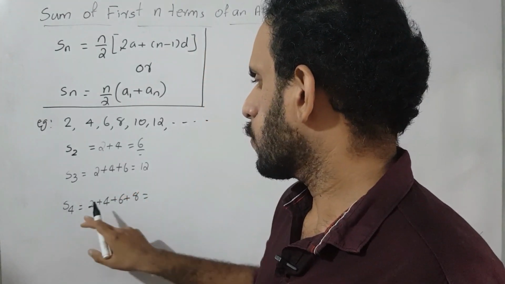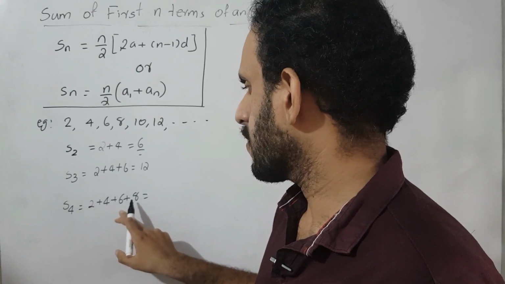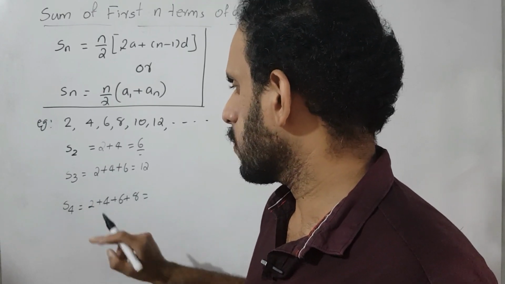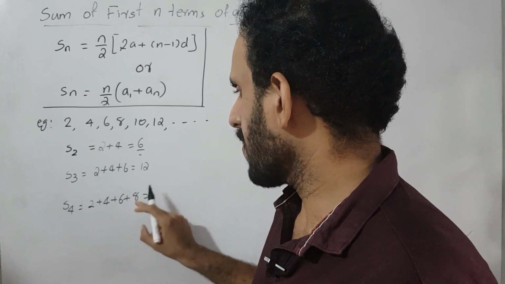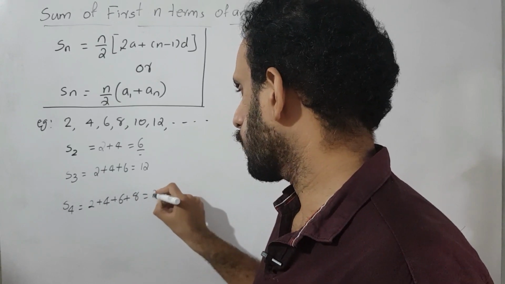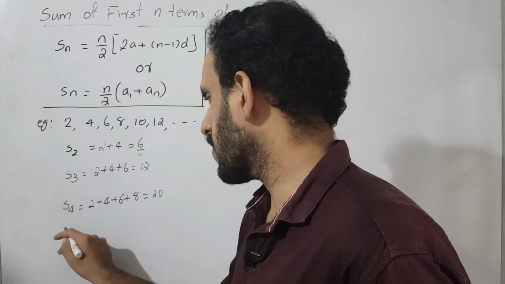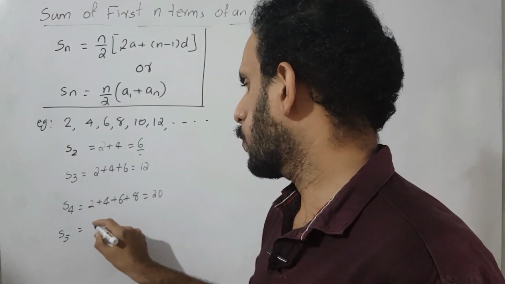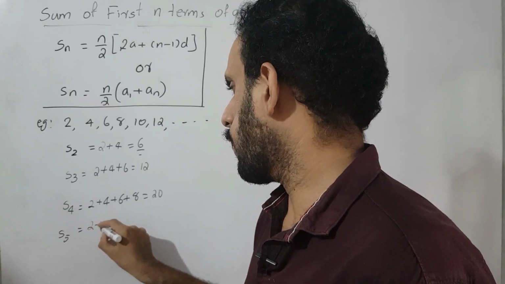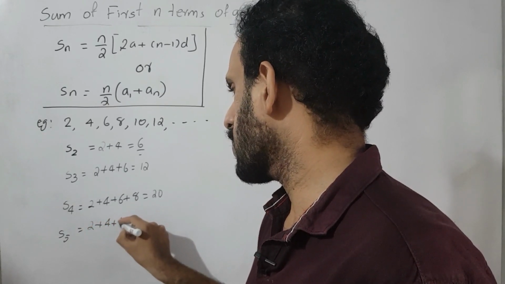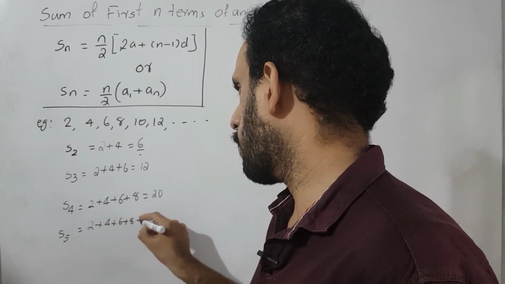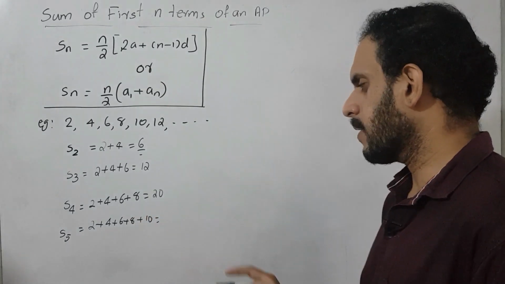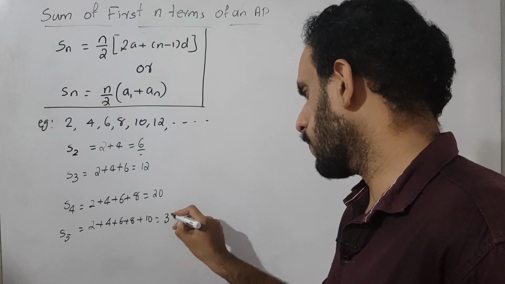Then 2 plus 4 plus 6 is equal to 12, plus 8, that is 20. Then we doing one more, that one is S5. S5 is equal to 2 plus 4 plus 6 plus 8 plus 10. Okay, then 20 plus 10, that is equal to 30.